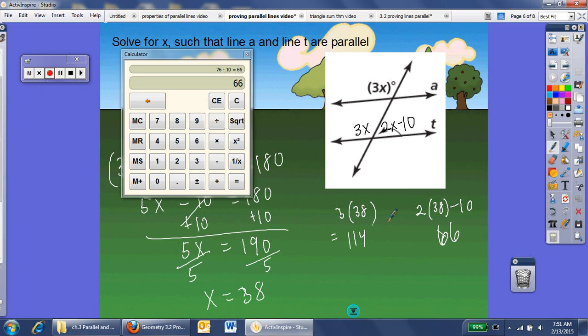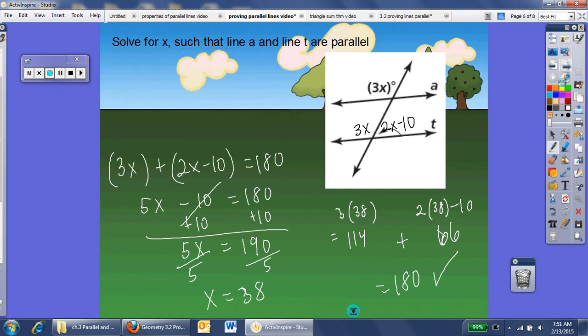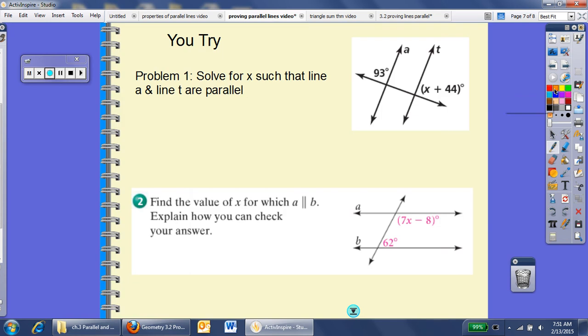So adding 114 plus 66, we get 180, and so this checks out. This shows that line A must be parallel with line T. You guys can go ahead and try these two problems here, and I'll see you in class tomorrow.